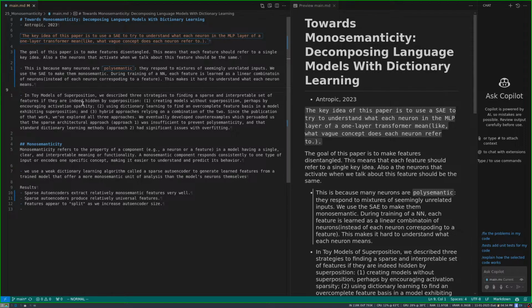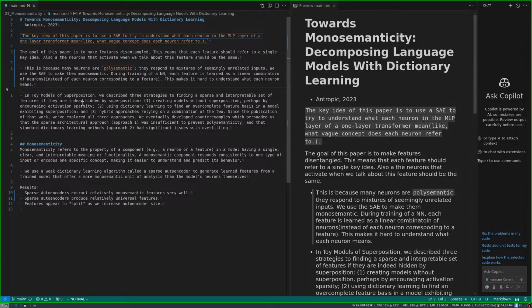Let's see. We can extract the very last layer features from GPT-2. Then what? We can give those features to an SAE. Then we have an SAE, which will be very polysemantic.